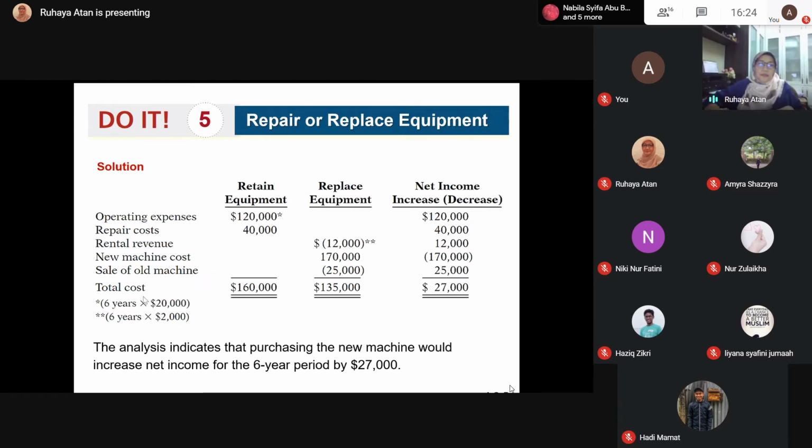And at the end of the day, you will find that there is an incremental income increase, so it is better to replace with the new machine.